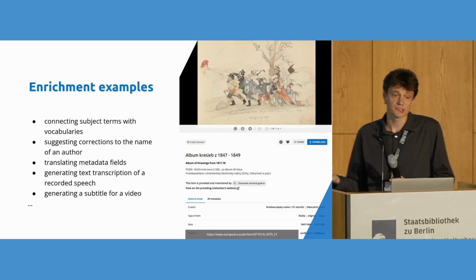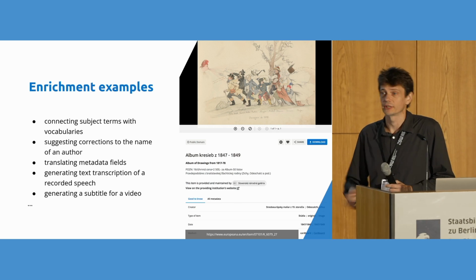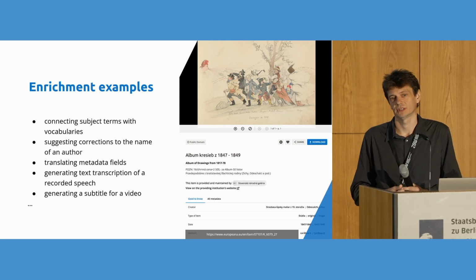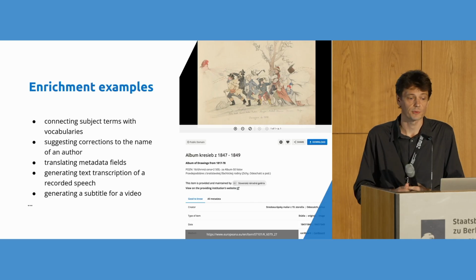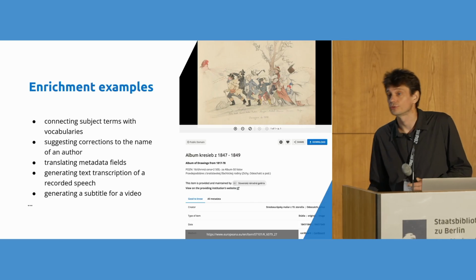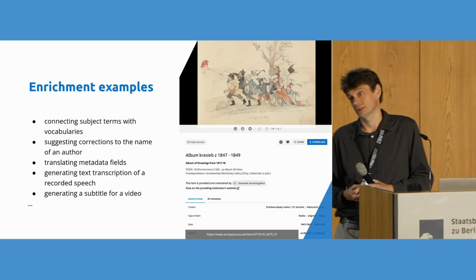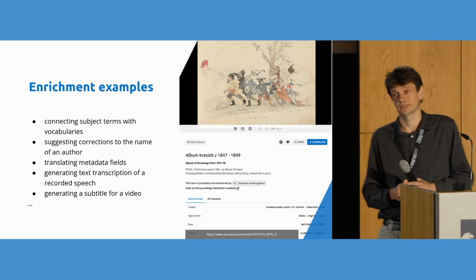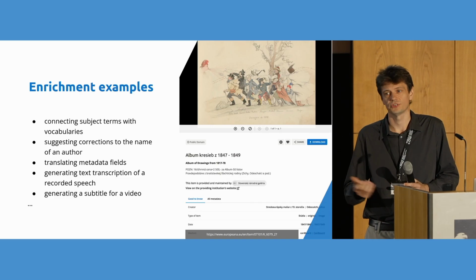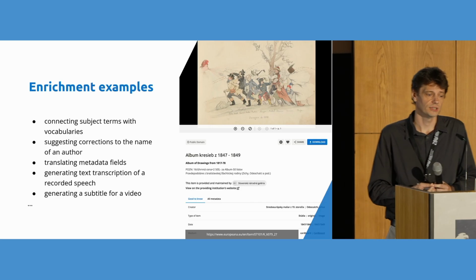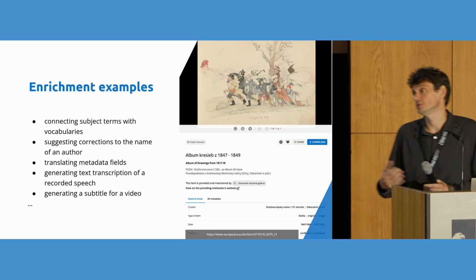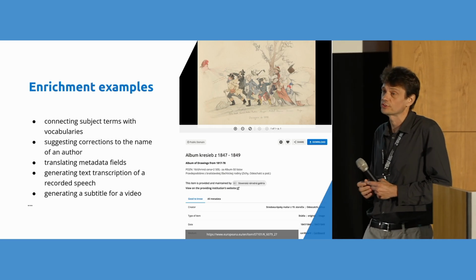So in practice, there can be connections between existing subjects and vocabularies, suggesting corrections to the names of authors, translating metadata fields, which we also consider to be a kind of metadata enrichment, and then venturing a bit into the realm of content enrichment.